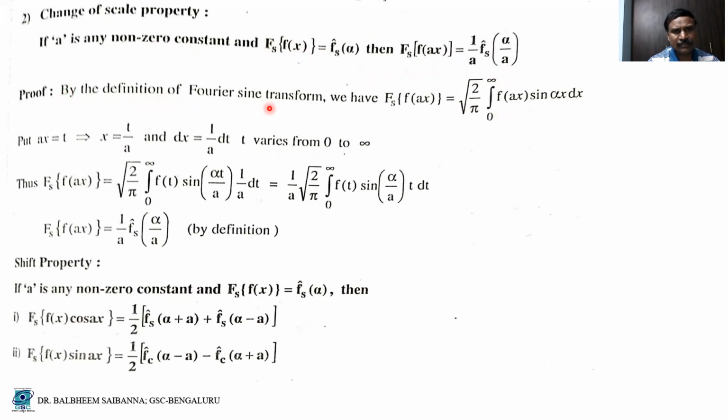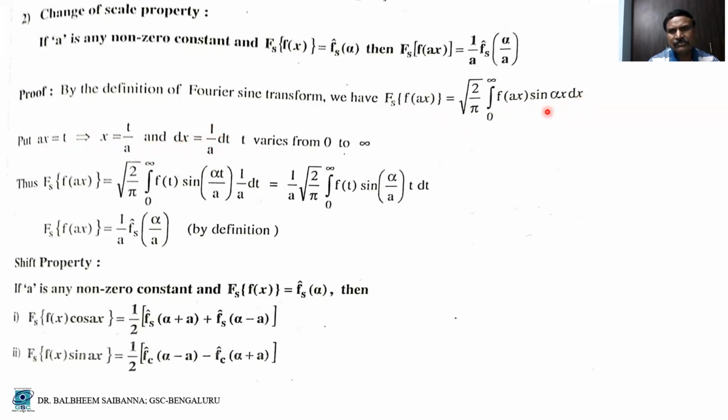By the definition of the Fourier transformation, we have Fs of f of x. Wherever x is there, you write ax. Fs of f of ax is equal to root of 2 by pi integral 0 to infinity f of ax sin alpha x dx. Here take the substitution ax equals t, then x is equal to t by a, and differentiating with respect to t, dx is equal to 1 by a dt.